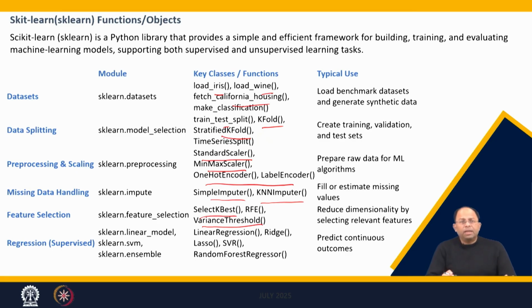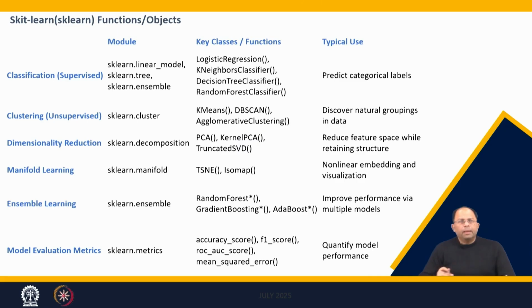Then for supervised regression tasks, we can do linear regression, ridge regression, lasso, support vector machine, random forest regression, and so on. For classification, we can go for logistic regression, k-neighbors classifier, decision tree classifier, random forest classifier. Then for clustering algorithms, we will learn about k-means, DBSCAN.